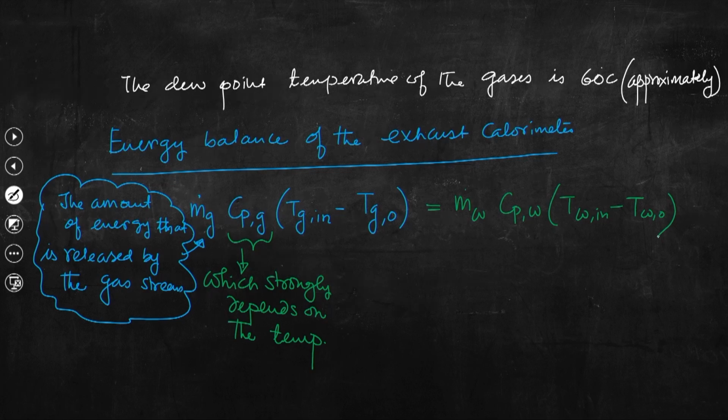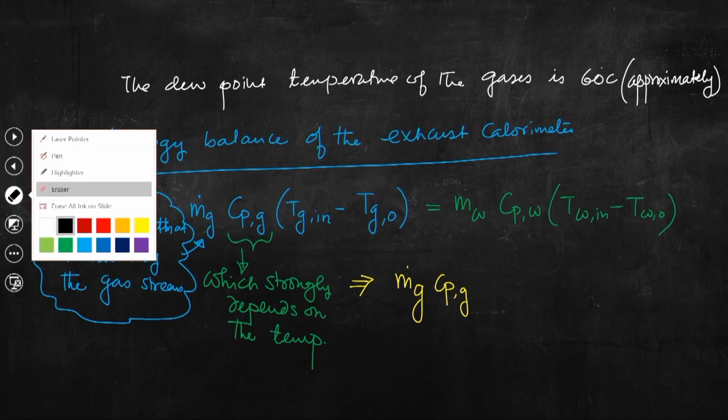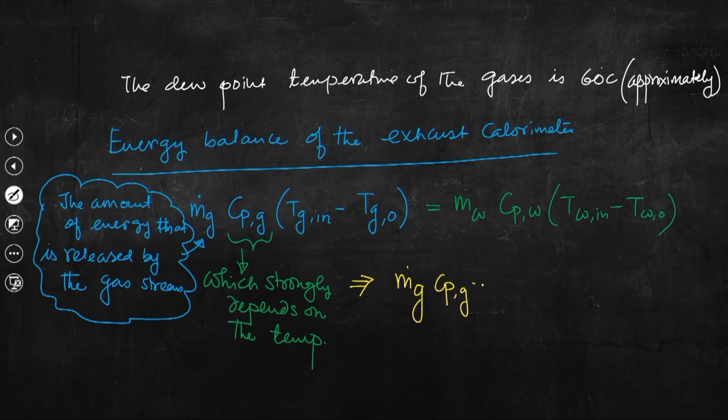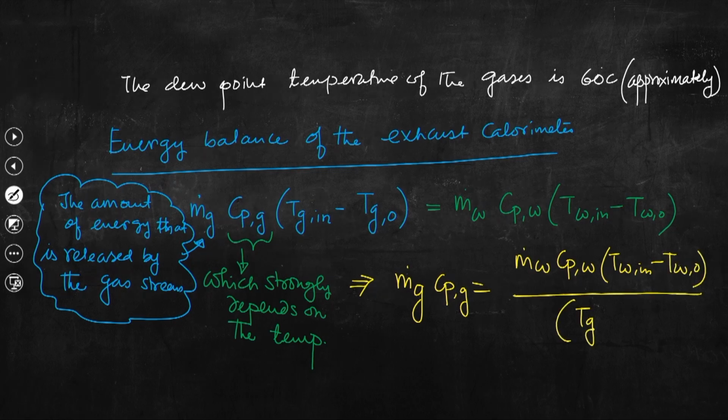Very simple method. So, from this equation we can write that m dot G Cp G is equal to m dot W Cp W into T W out minus T W in, divided by T G in minus T G out.